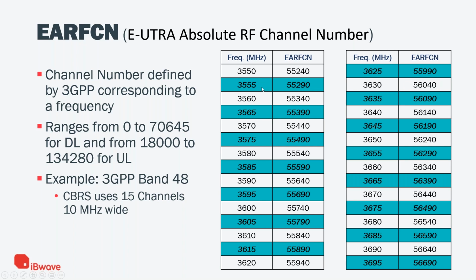For example, the first channel for CBRS is channel 55290, which corresponds to the frequency 3 gigahertz and 555 megahertz. So that's the channel number, and you need that to know which channel is used, which channel I'm connected to, and so on. We're going to see some examples of why you look at this.